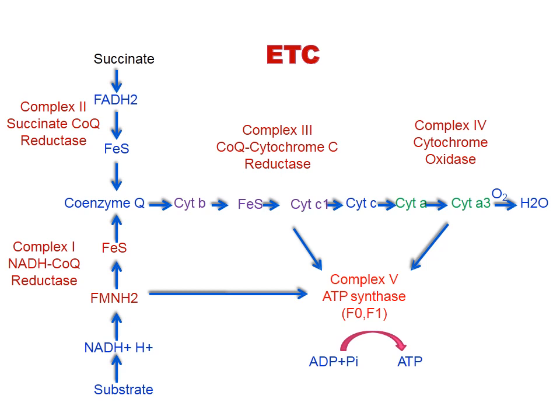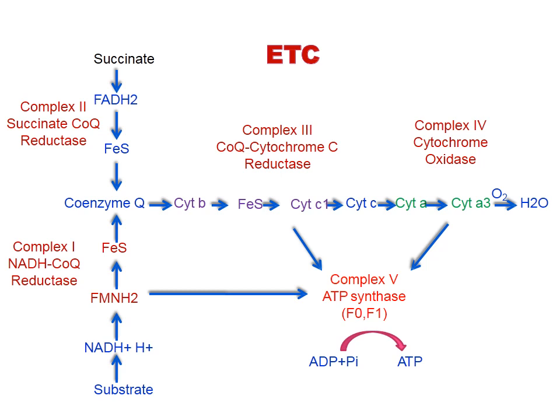This FeS will give its electrons to coenzyme Q. Coenzyme Q will give to complex 3. Complex 3 consists of coenzyme Q cytochrome C reductase, which again consists of cytochrome B, FeS, cytochrome C1, cytochrome C. Through this, the electrons will flow and will reach complex 4.